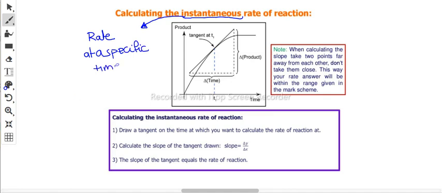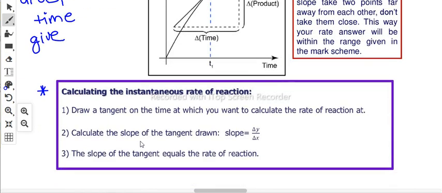So inside the question, they will tell you exactly at which time you want to calculate the rate of this chemical reaction. In order to determine the instantaneous rate, we have some steps which are given at the bottom. What would be the first step through your calculation?